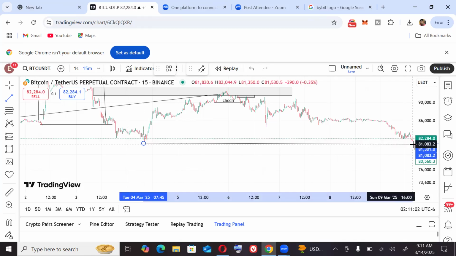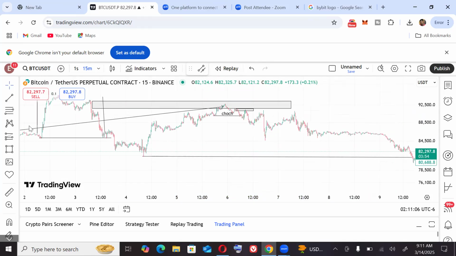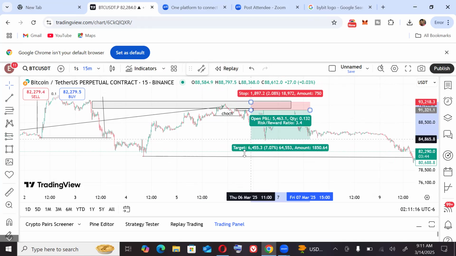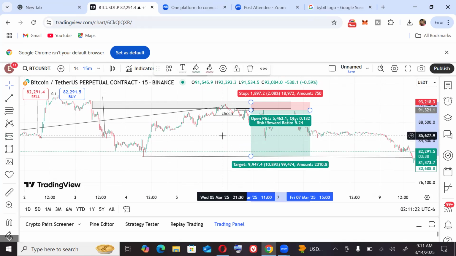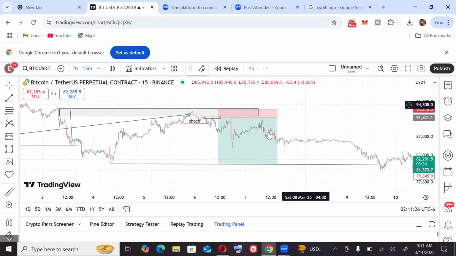Now, taking such a trade will give you a very high risk to reward ratio. This risk to reward is looking like 1 to 5, 1 to 5.2. This is amazing, guys. This is practically amazing. 1 to 5 risk to reward ratio.